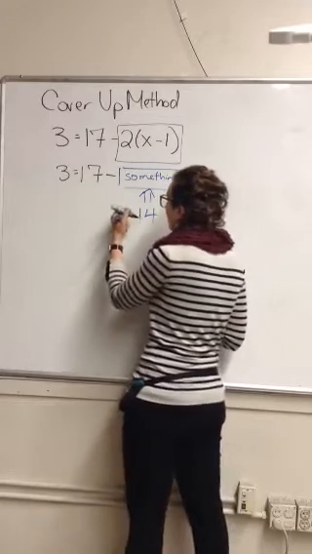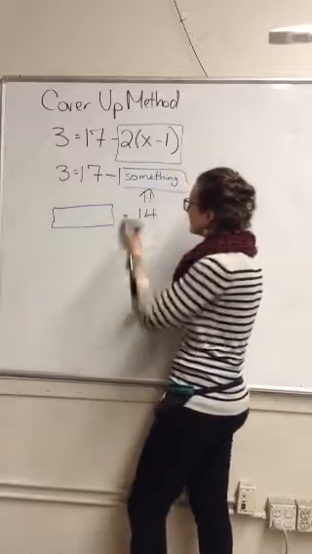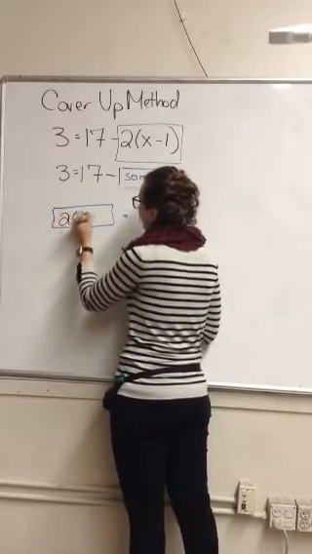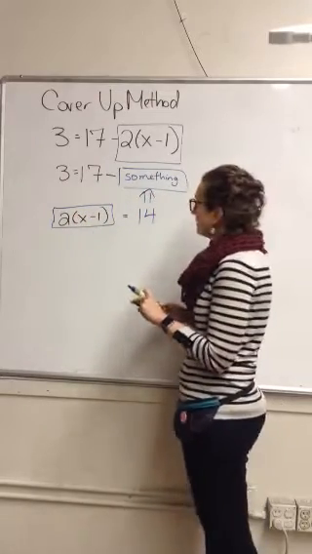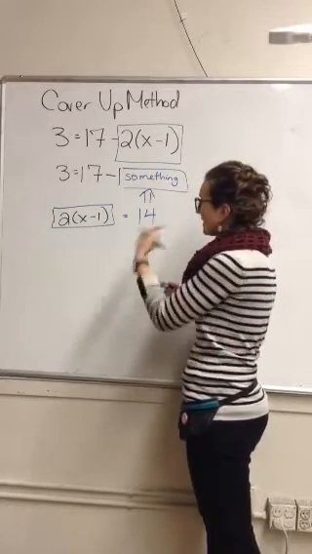And so if I know that something, whatever that something was, equals 14, I know that all the stuff that I covered up, 2 times x minus 1, has to be equal to 14. Great. Well, I'm not quite there yet because I can keep going, right?